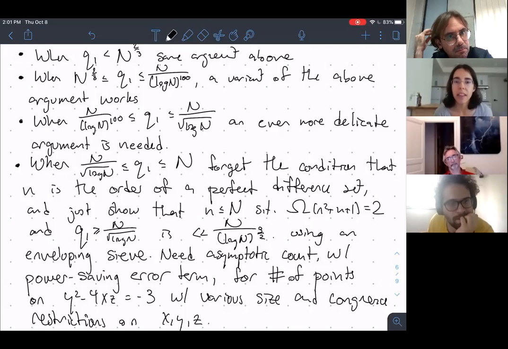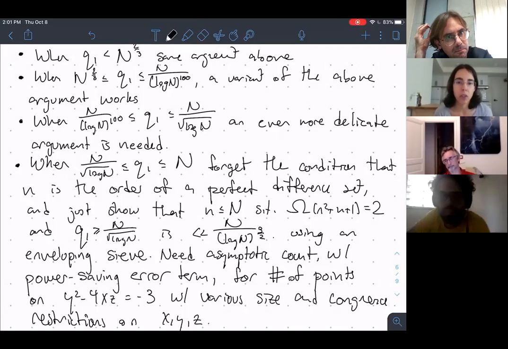So I could have taken anything between n over (log n) squared minus epsilon and just n.